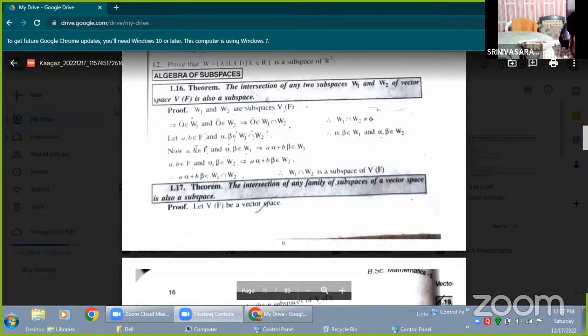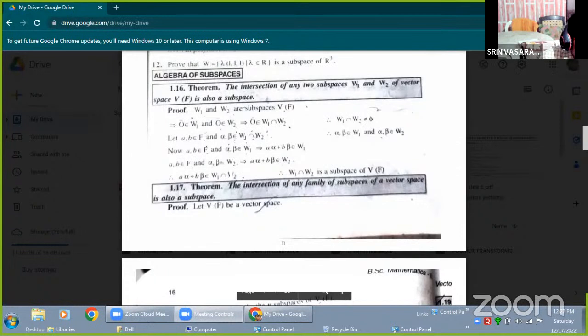Similarly, a alpha plus b beta belongs to W2. Therefore, a alpha plus b beta belongs to W1 ∩ W2. That is the direct condition a subspace must satisfy. Therefore, W1 ∩ W2 is a subspace of V.